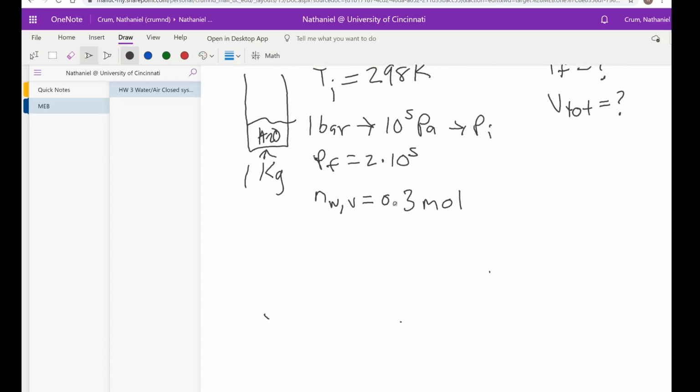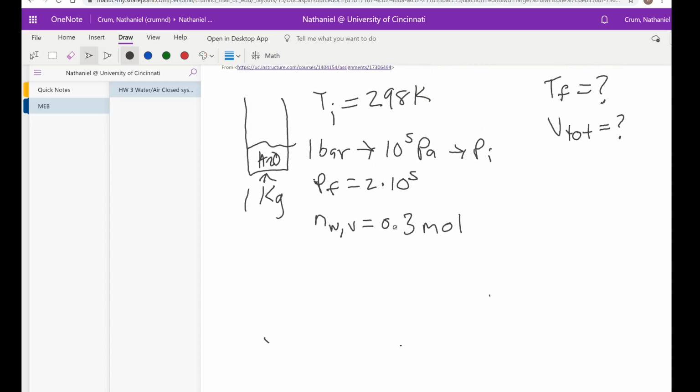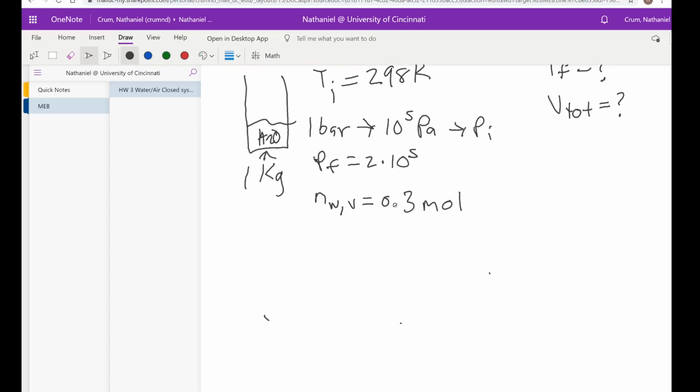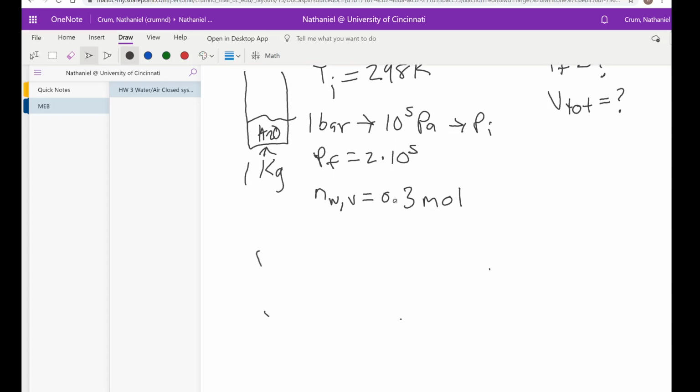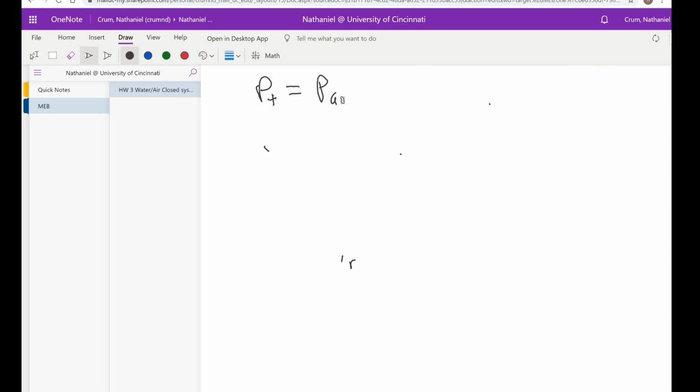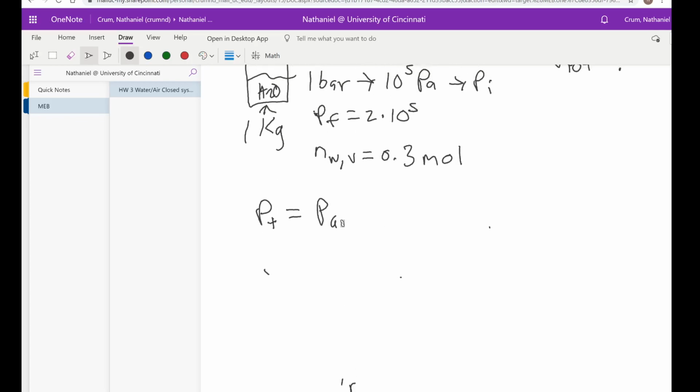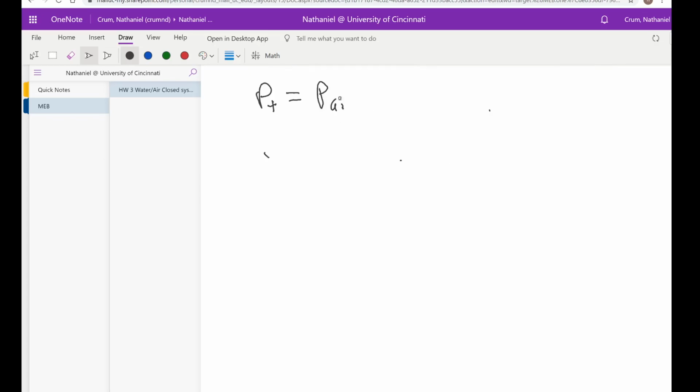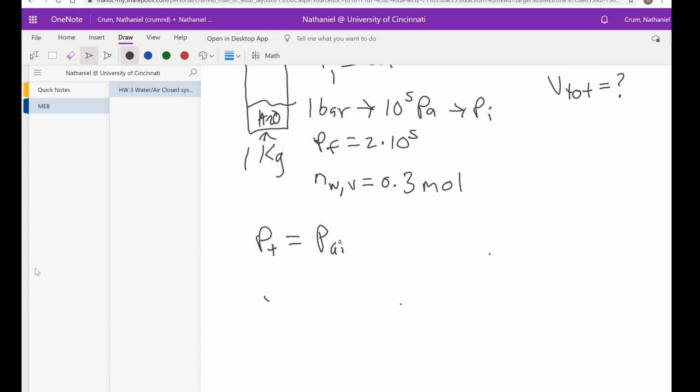So we know that we have a final pressure of 2 times 10 to the 5th pascals. So we can set up a pressure equation. We know that our total pressure is equal to the pressure in the air plus the water pressure.